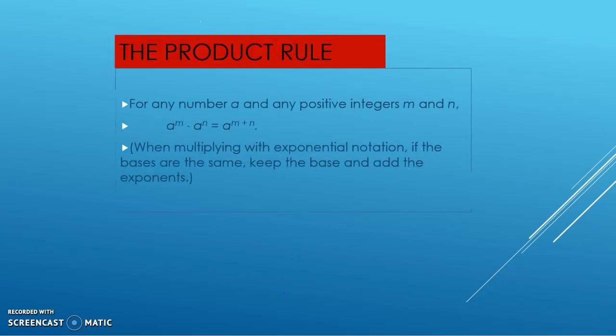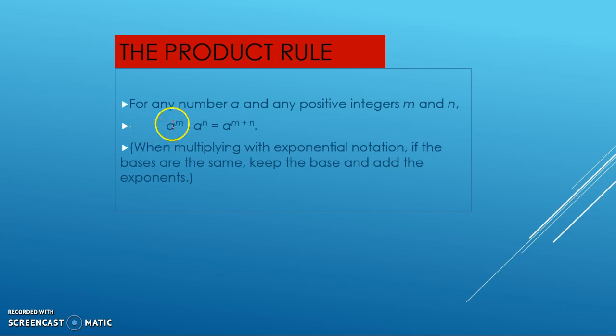The first one is the product rule. The basic gist of the product rule is that if you're multiplying two numbers with exponents together, as long as those bases are the same, and this only works if the base is the same, then we can just add the exponents together.